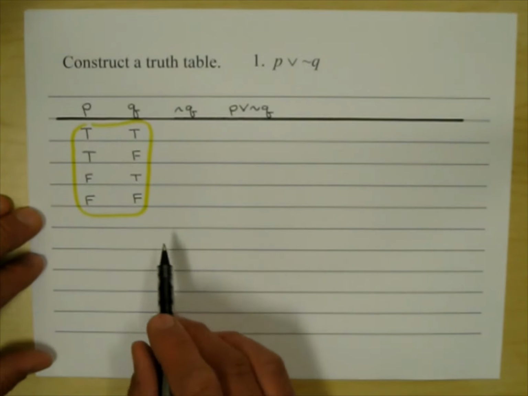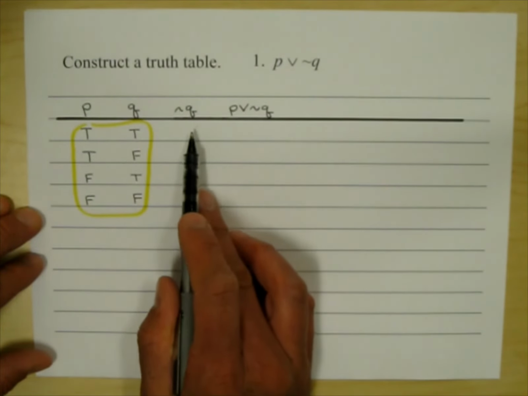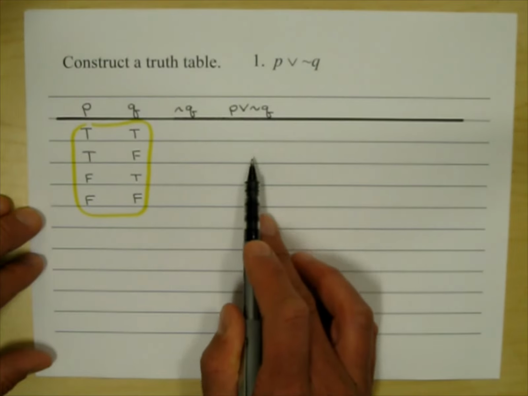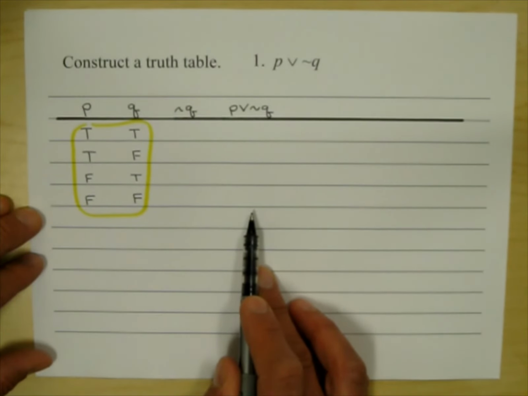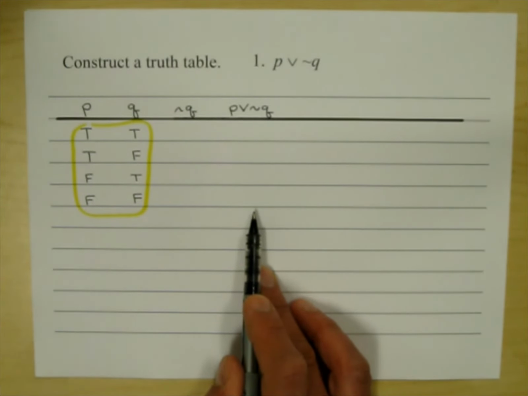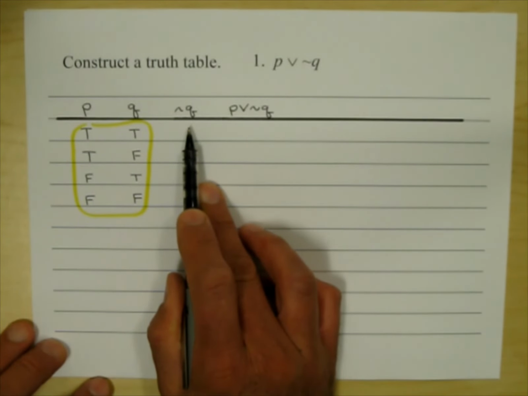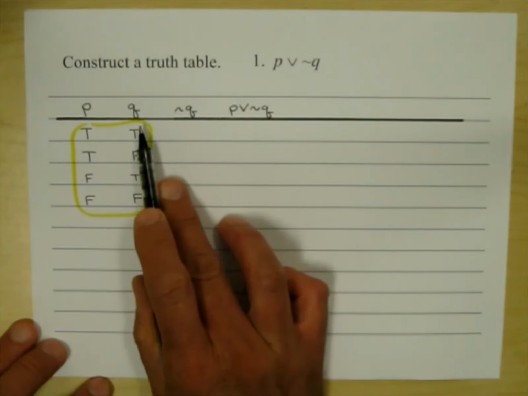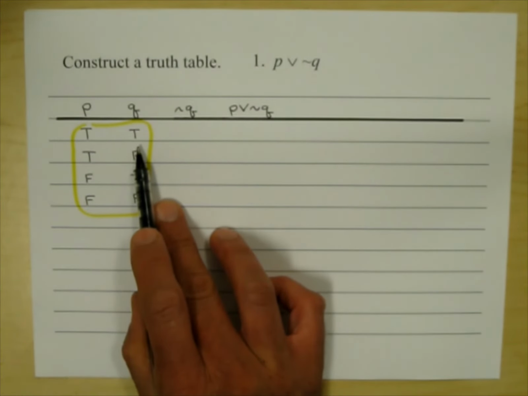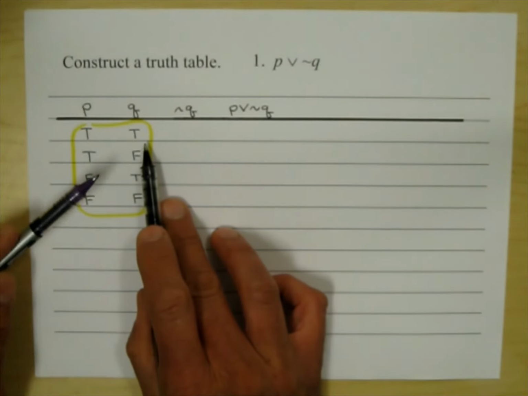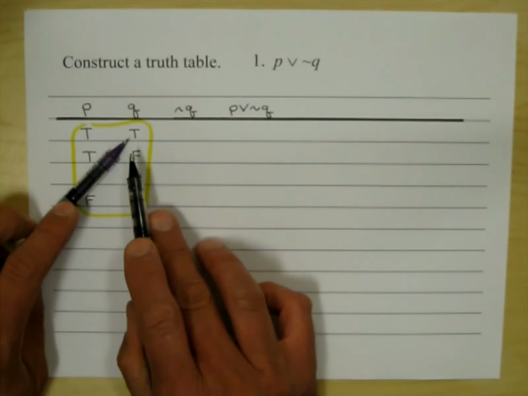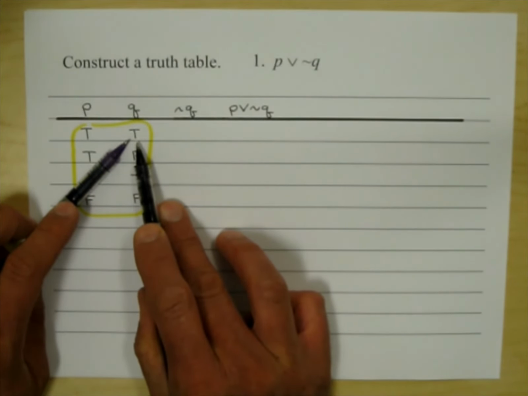And so basically when they want you to construct a truth table, we have to fill out trues and falses on those next 2 columns, and then we'll be done. So watch this. Not Q. How do I do that? I go over to the Q column and maybe I should use 2 hands and 2 pins. I say not true.